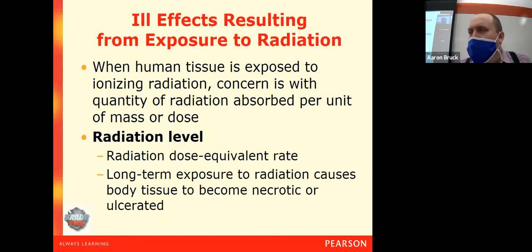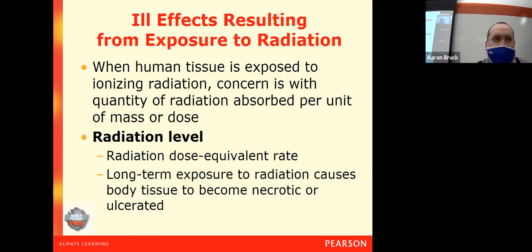Now, regardless of what kind of radiation, if you're exposed long term to even small amounts of radiation, not background radiation, mind you, but small amounts of radiation over a long, long period of time, it does have an effect on your body. We talked about this on Friday, in particular, talking about radon.